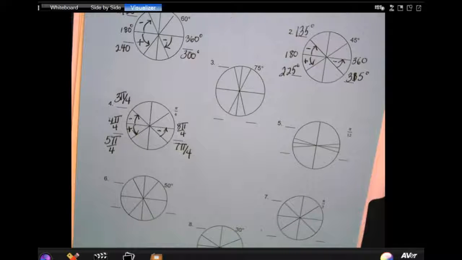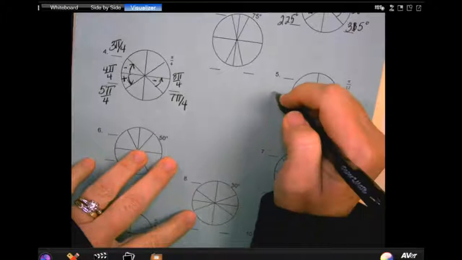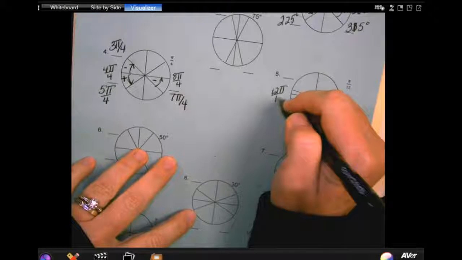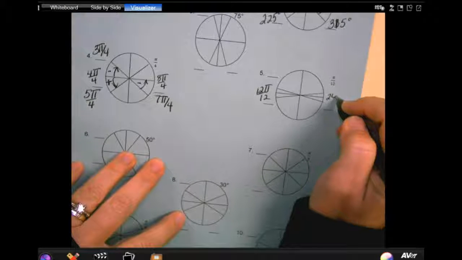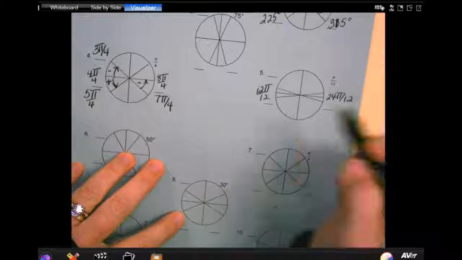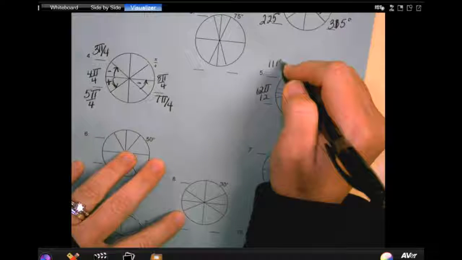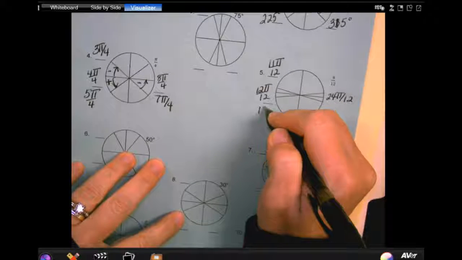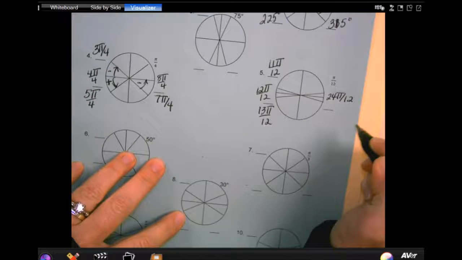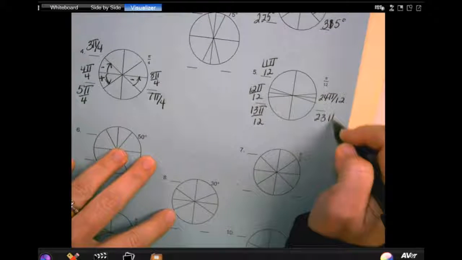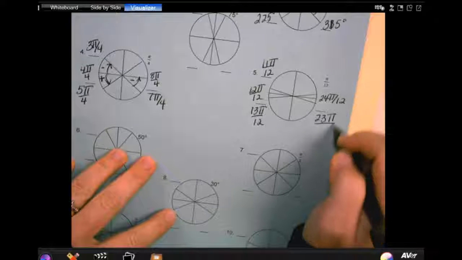We're doing this one, baby. Okay. So this side is going to be 12 pi over 12. And this side is 24 pi over 12. So if I subtract 1, I get 11 pi over 12. And this side I get 13 pi over 12. And this side I get 23 pi over 12.